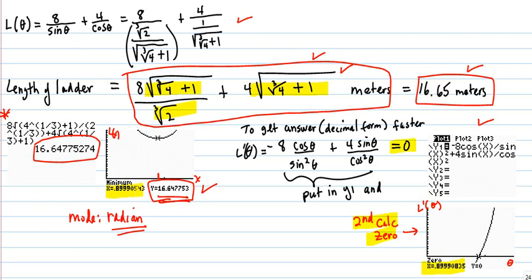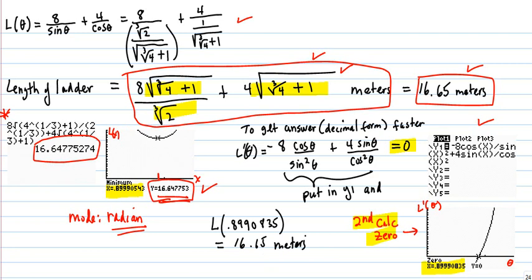Then you would plug that in to L. So you'd be doing L of the 0.899. You'd put the whole accuracy in there, 0.8990835, just to put it all in there, and evaluate that, and you'll get 16.64, well, approximately rounded to 65 meters.